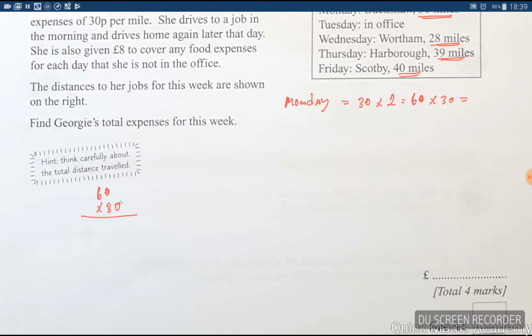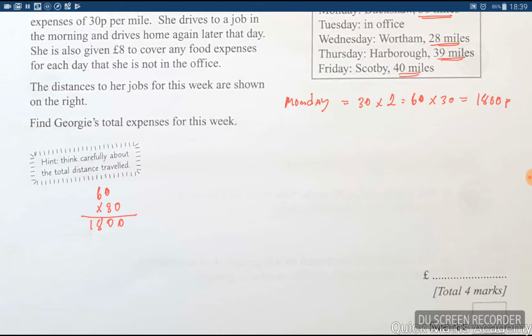I leave this 0 on the right intentionally. 3 times 0 is 0, 3 times 6 is 18. So I have 18 pounds, 1800p, which is the same as 18 pounds.